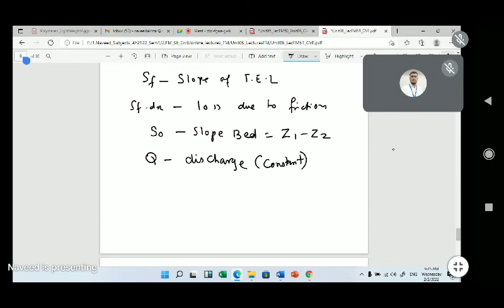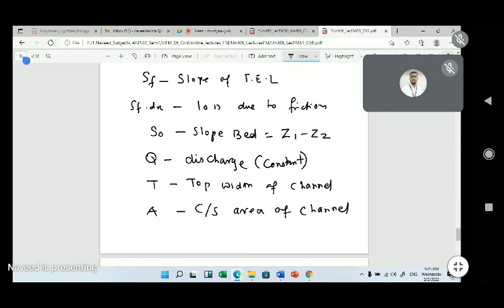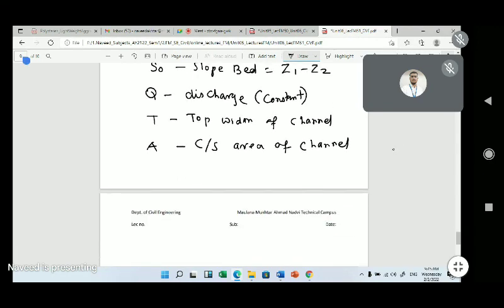T is the top width of the channel, and A is the cross section area of the channel, and g is the acceleration due to gravity.